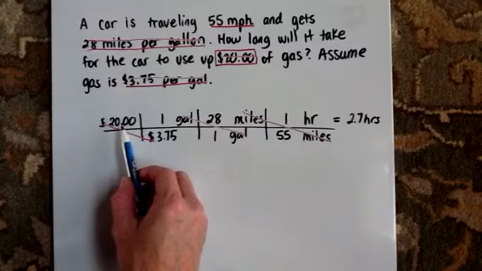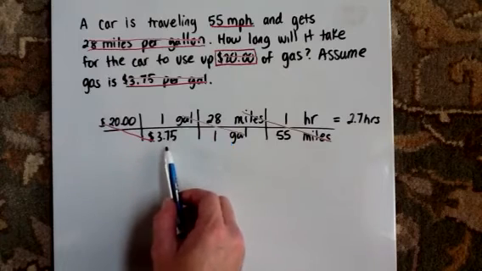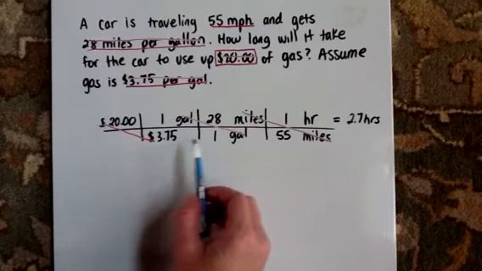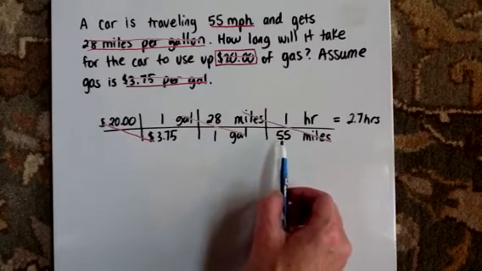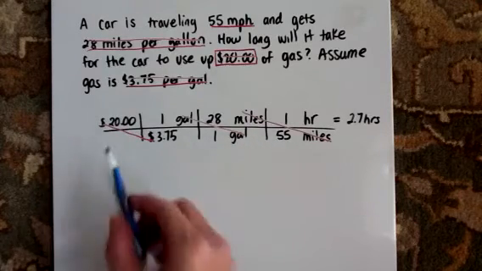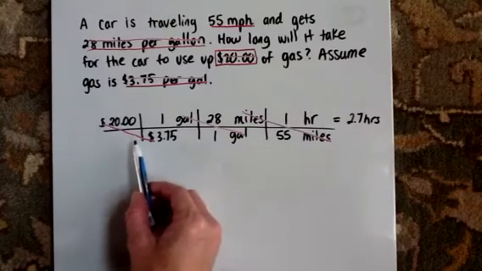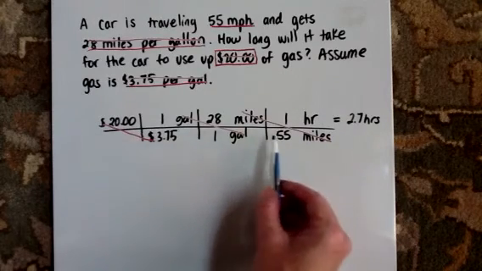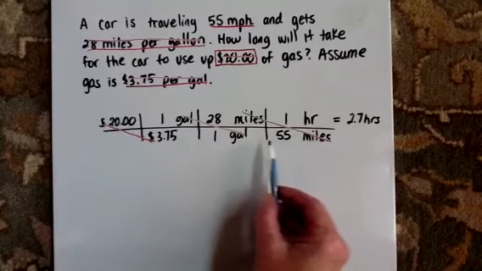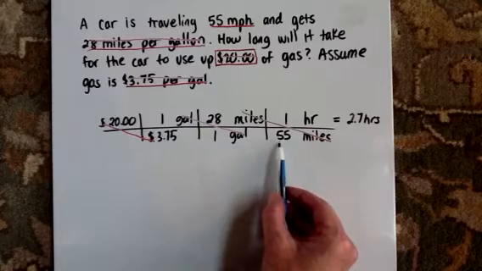So I would put this in my calculator: 20 times 28 divided by 3.75 and then divided again by 55. So you hit multiply between everything on the top and then hit your divide button for everything on the bottom. Sometimes people will hit times before this 55 here, and that's not right.